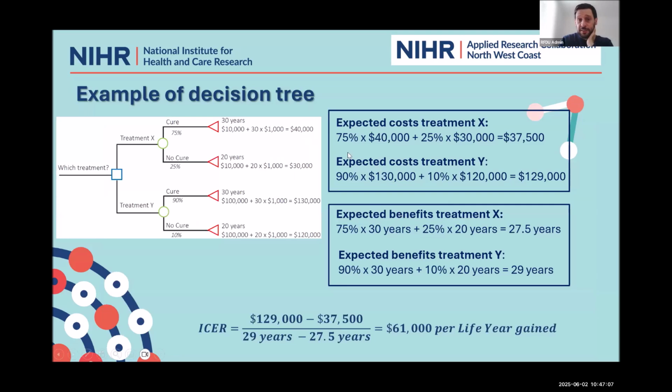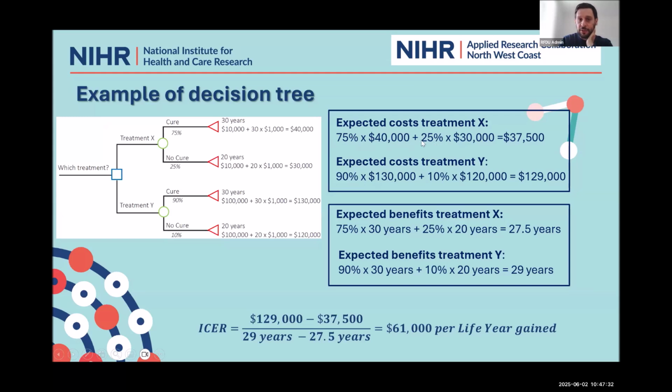And what we do in a decision tree is then calculate the expected cost for treatment X and the expected cost for treatment Y. So if there is a 75% chance of getting cured, that means we can apply that probability to our costs. In particular, if I get cured, my cost will be $40,000, 75% times $40,000.